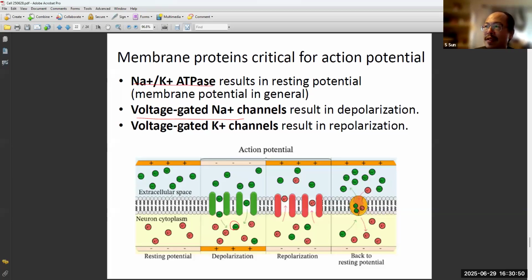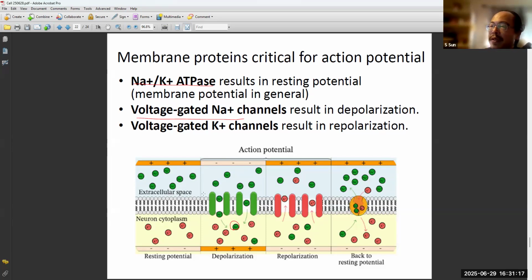So you have this pump causing a high concentration of potassium intracellularly, and also the membrane potential to be negative. When you stimulate it, you change the charge a little bit, it's not a lot, but that can be picked up by the voltage gated sodium channel.